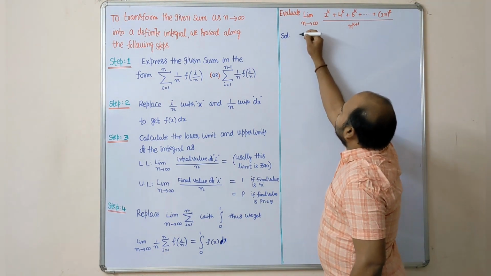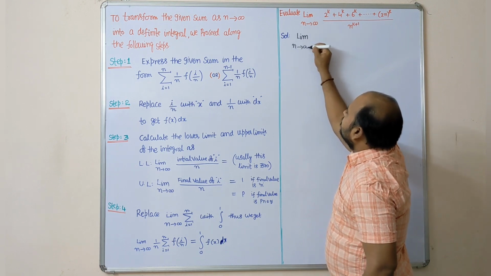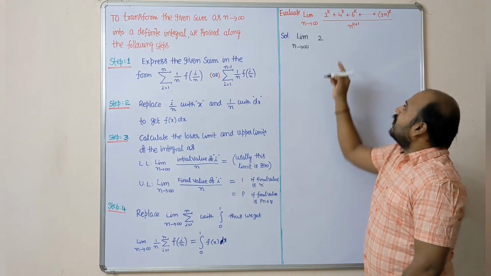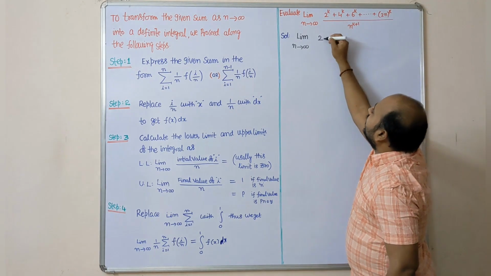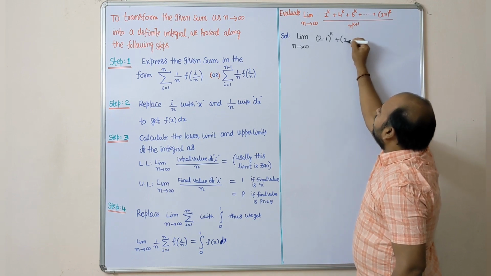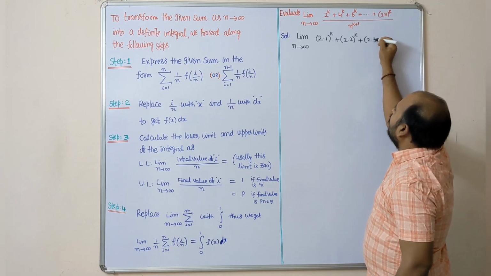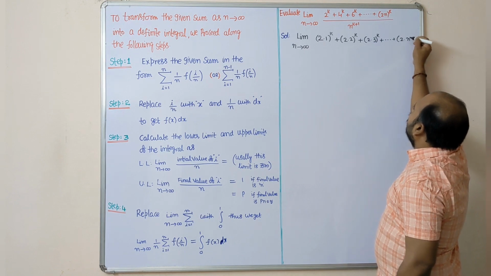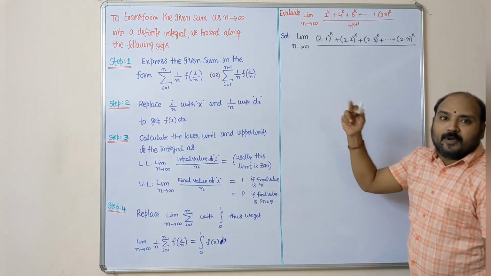So first, dear students, write the given limit. Limit n tends to infinity. Here all are even numbers. 2 can be written as 2 into 1 whole power k, plus 4 can be written as 2 into 2 whole power k, 6 can be written as 2 into 3 whole power k, plus and so on up to 2 into n whole power k, divided by, in the denominator, n power k plus 1.